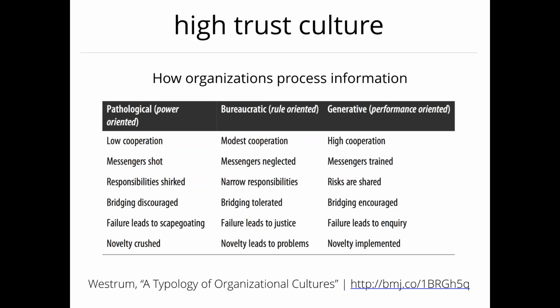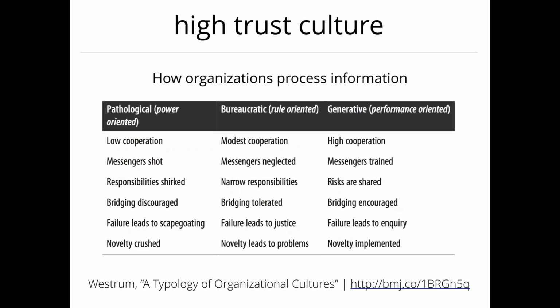You can see whether you're in a pathological power-oriented culture, whether you're in a rule-oriented culture, or whether you're in a performance-oriented culture. The two things that are particularly important here are how we deal with failure and how we deal with novelty. So in a generative organization, in a performance-oriented organization, we train people to bring us bad news.